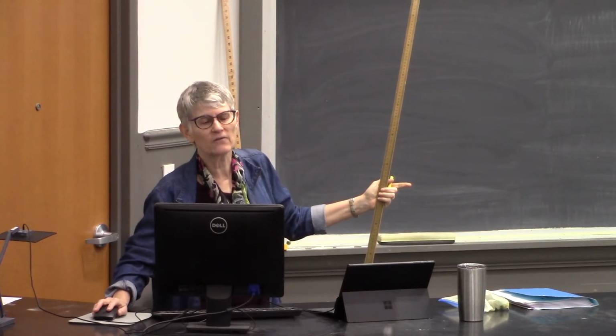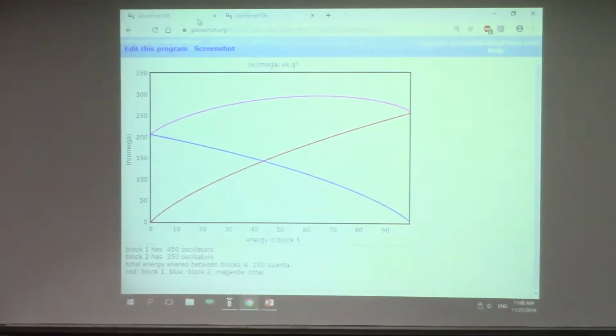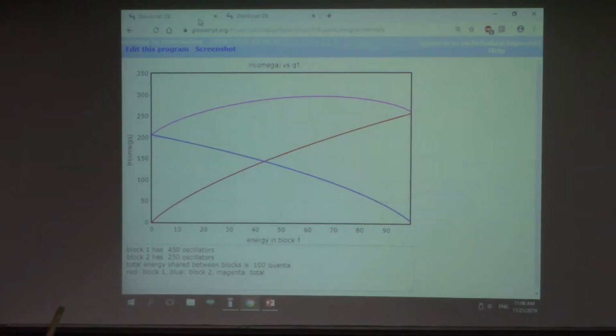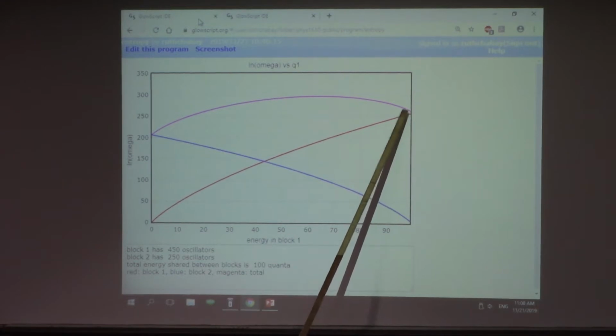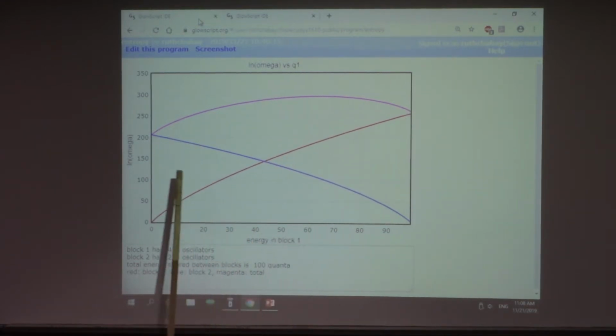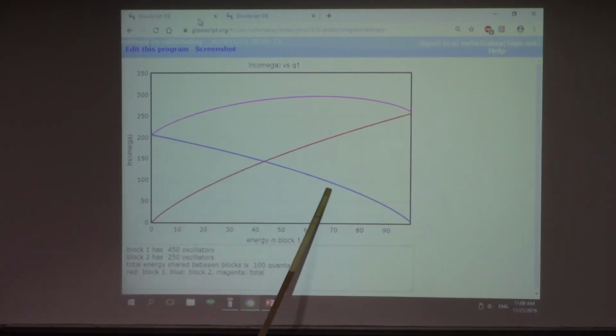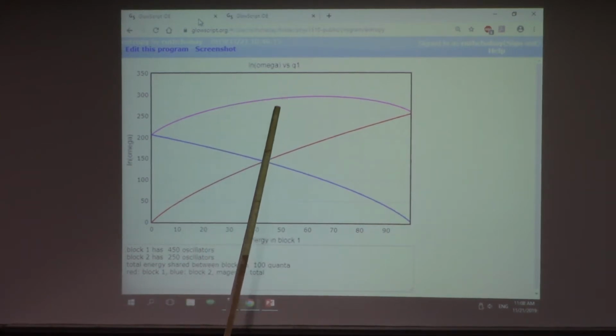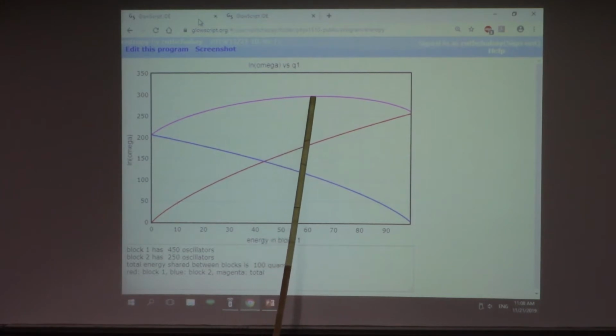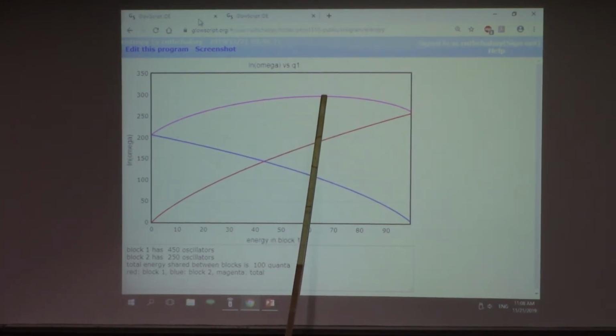And we also saw that if we just took a logarithm of that, then if we plot the log of omega 1, which is the number of possible microstates for block 1, versus the energy in block 1, and here's the log of omega 2 versus the amount of energy in block 1, and then we take the log of the product, which is the total number of ways of arranging things, we find that there's a maximum, and it's in exactly the same place, which isn't surprising because it's the same system.